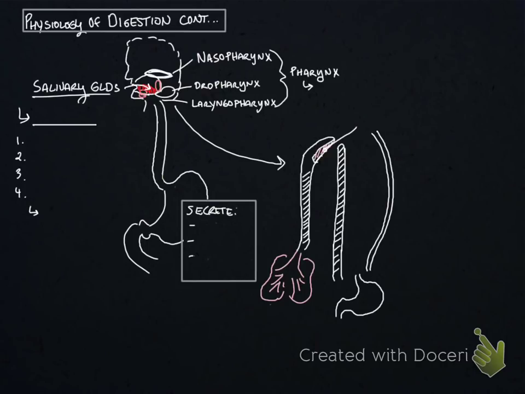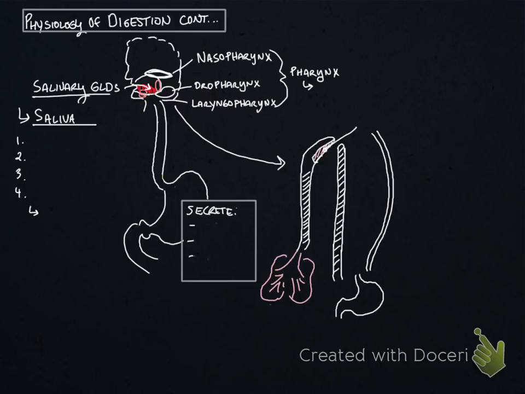Now let's talk about some physiology. The salivary glands secrete saliva. And remember, this is exocrine secretion because it moves through a duct and then directly into the target tissue, which is the mouth.